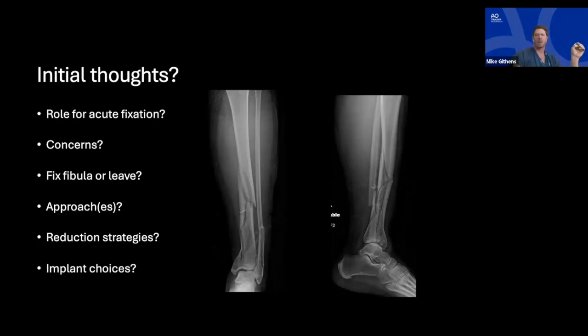But I'll play devil's advocate a little bit. I think here, because of the extensive comminution up to the mid shaft, this fracture almost needs more skeletal stability than a pure external fixator can provide. And so I agree, I think that distal third shaft fracture is amenable to an intramedullary implant, and then I'd have to see it a little bit more closely on the CT scan.